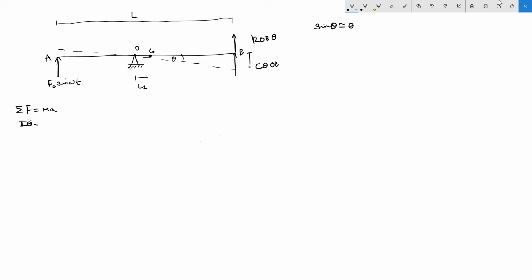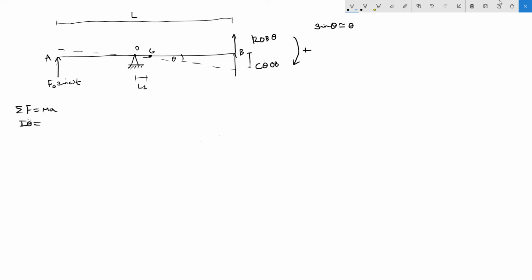Next we need to sum the forces on the right hand side of this equation. To do this we need to assume a positive direction of rotation; you can choose either, but I'm going to assume the clockwise direction. So we'll start by looking at the forces provided by the spring and the viscous damper first.